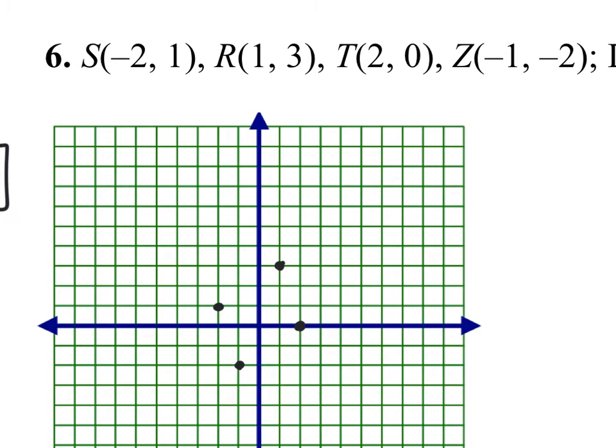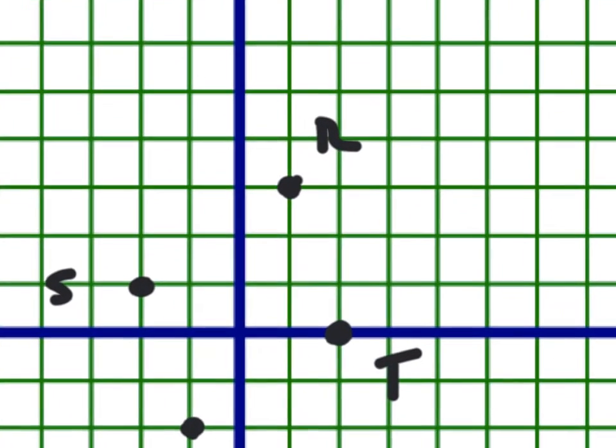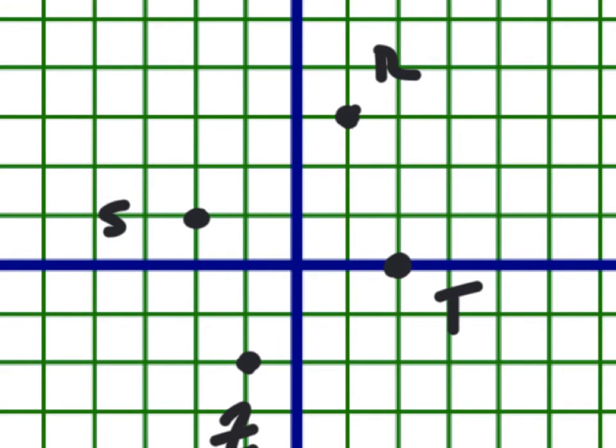Okay, so I'm going to call this S, R, T, and Z. Okay, I'm going to zoom in and connect these points. So I've got this, and this, and this, and this, okay?